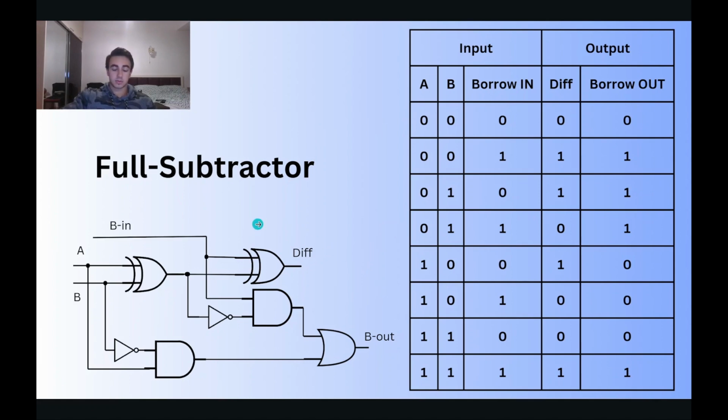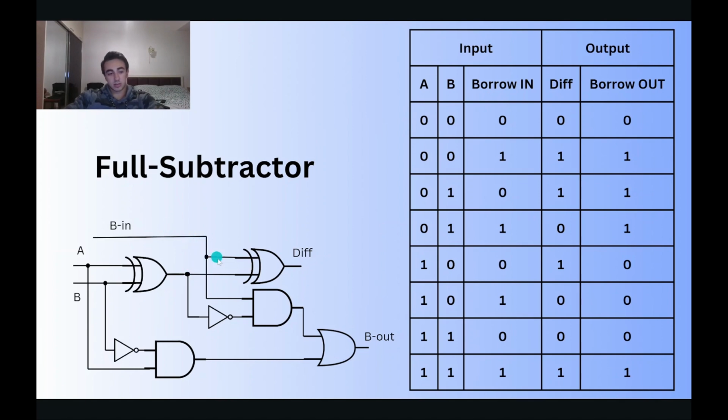But before the cases, we see that this XOR gate is connected to a NOT gate here. I did it correctly, because the XOR gate outputs the difference of A and B, from which we need to subtract the borrow in.